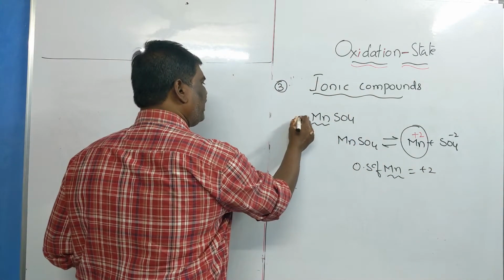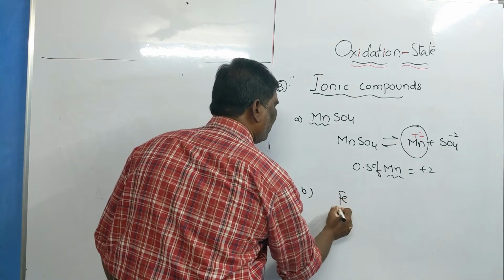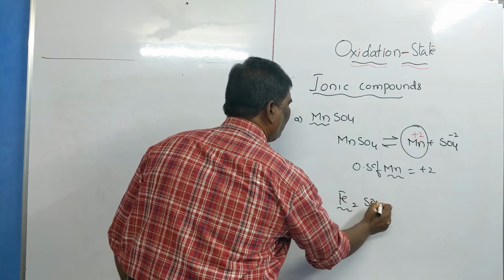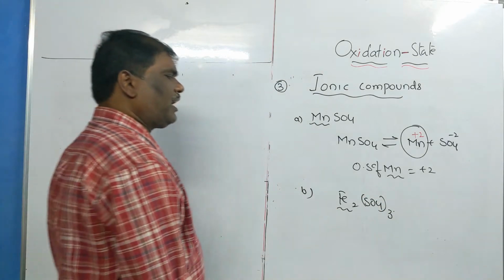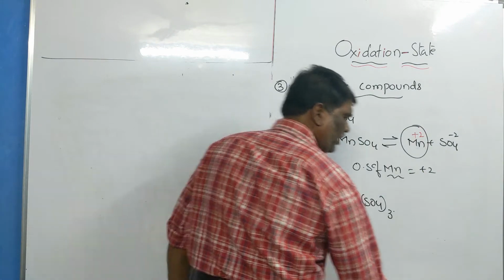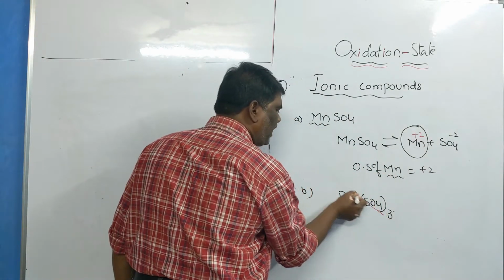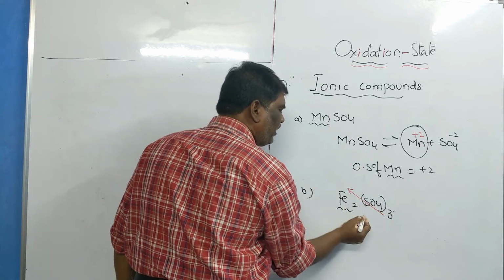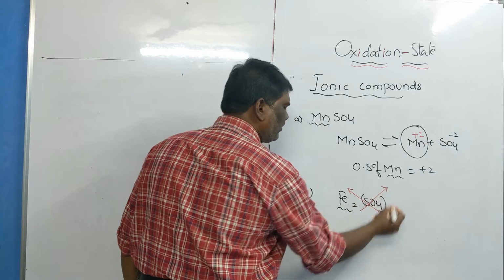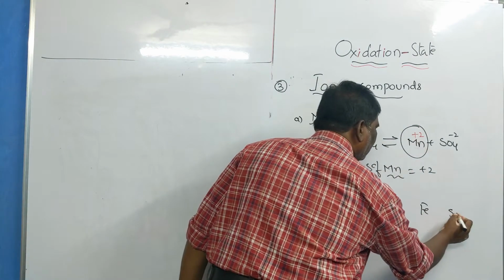The second one is to find the oxidation state of iron in ferric sulfate. Now for this one you go for the crisscross method in reverse. If we go back, the charge 3 is acquired by iron and 2 is acquired by sulfate.